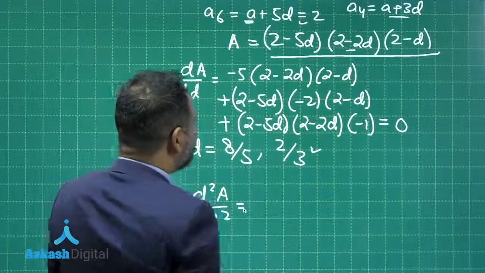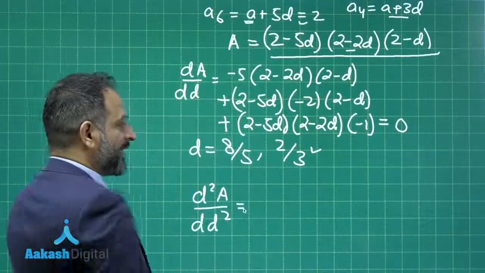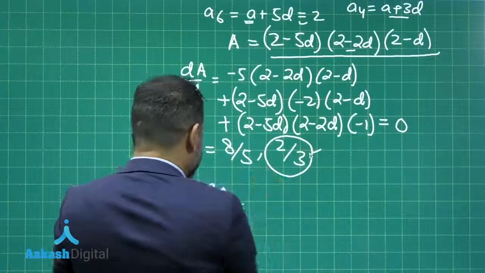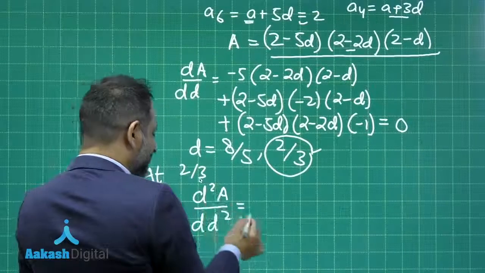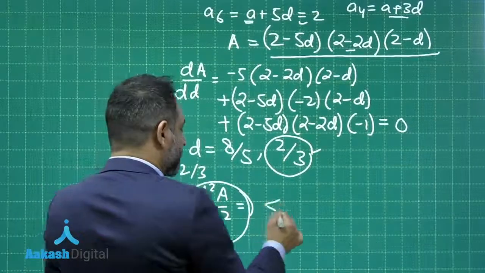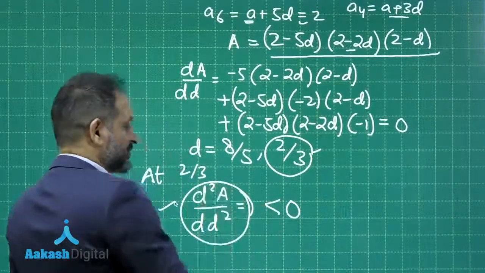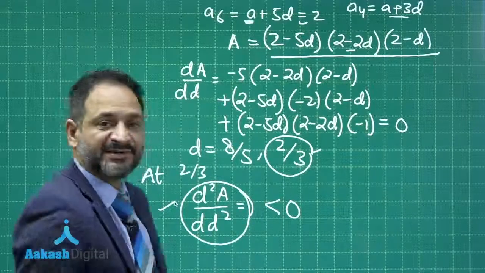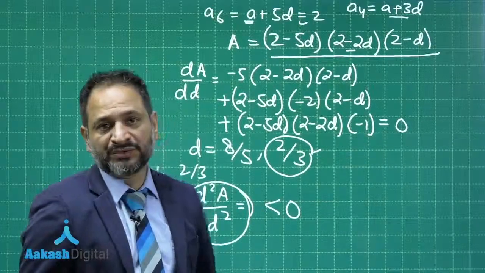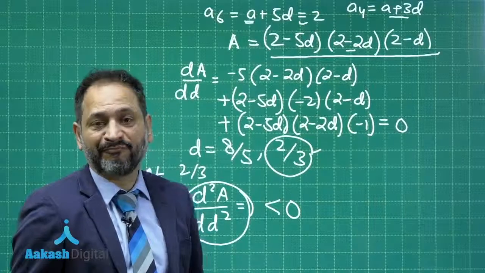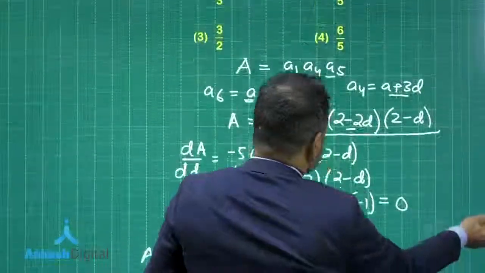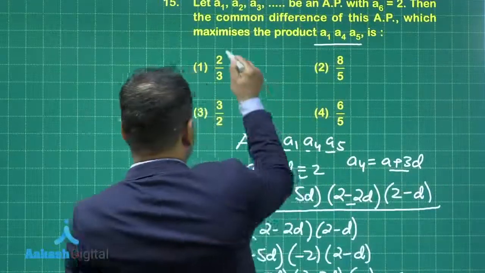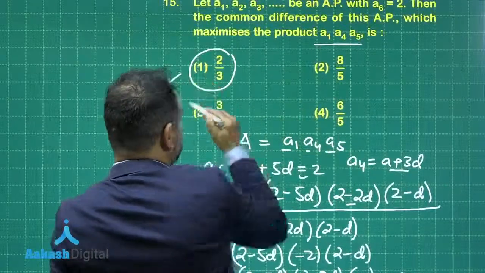If you again differentiate this function and at 2 by 3, if you check at 2 by 3, you will see this second derivative will be less than 0. So, if the second derivative is lesser than 0, we know that this is the point of maxima. So, at maximum D is equal to 2 by 3.